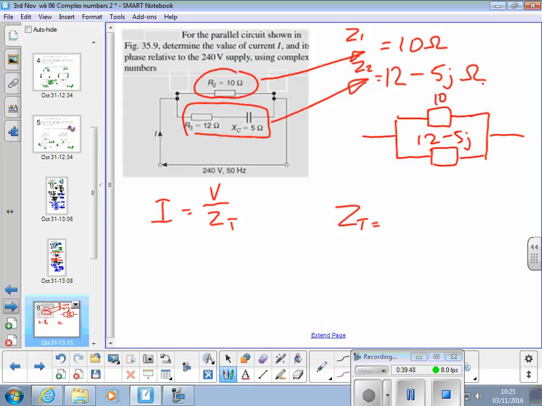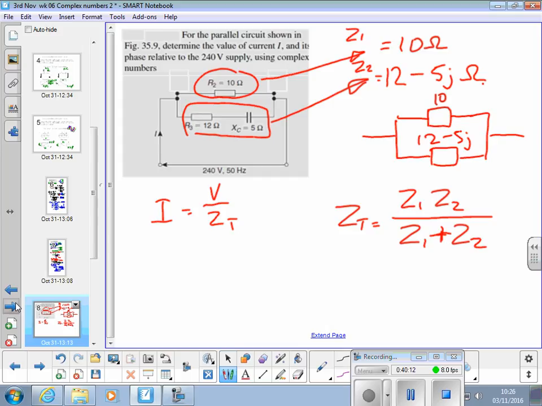ZT is equal to Z1 times Z2 over Z1 plus Z2. So now do your complex arithmetic with those two values in that formula to find the total impedance in rectangular form.